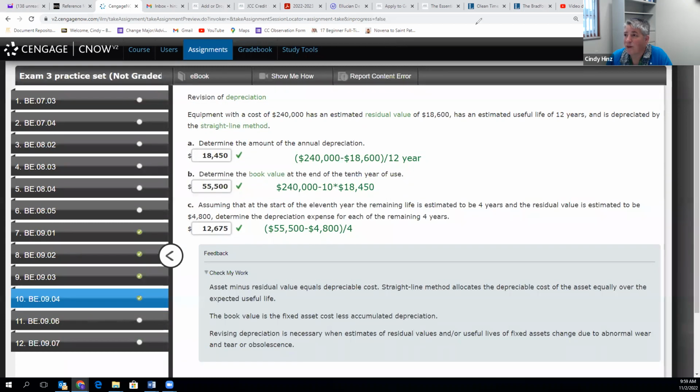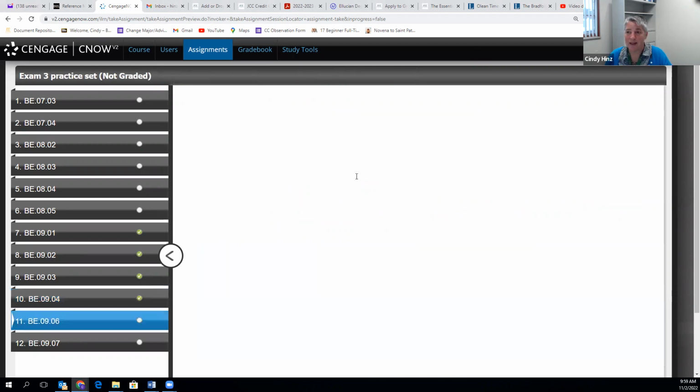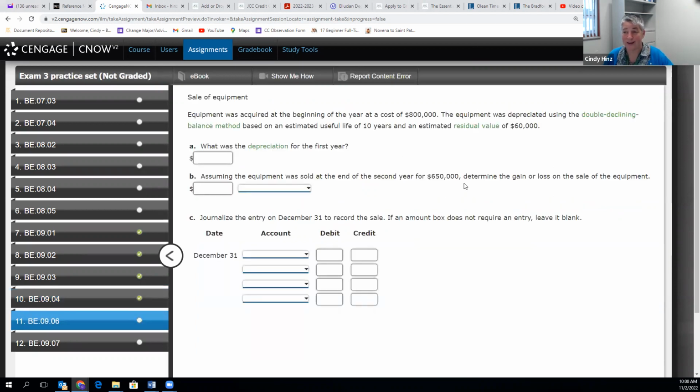So again, the whole idea there is we do the best we can, but we know that these calculations include two different estimates, and it's highly likely that both of those aren't exactly correct. And so we do the best we can to try to provide the information that's useful and as accurate as possible.